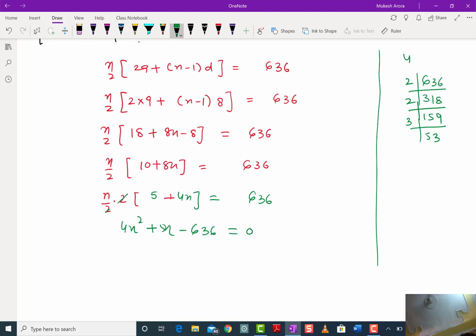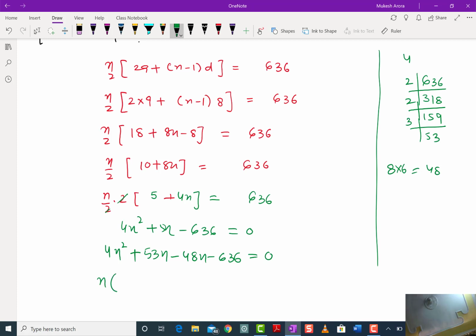So 48 and 53. So the factors will be 4n square plus 53n minus 48n minus 636 is equal to 0.